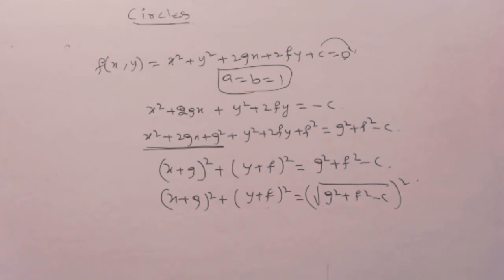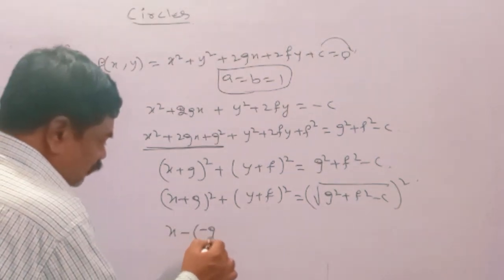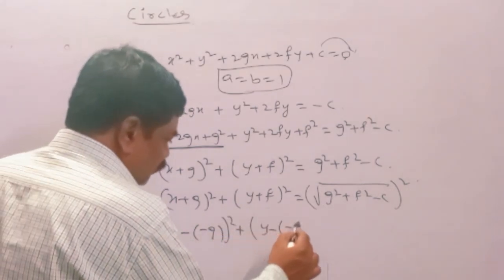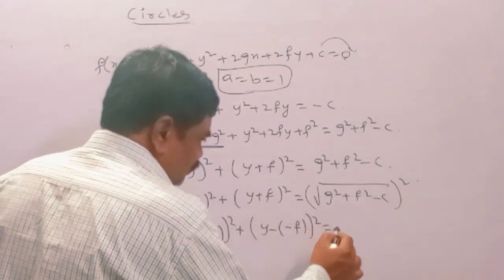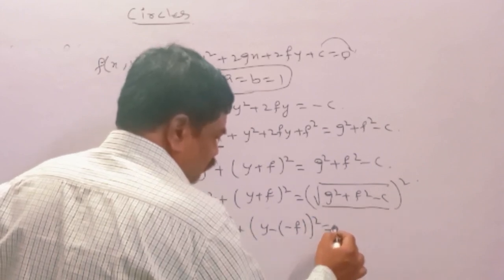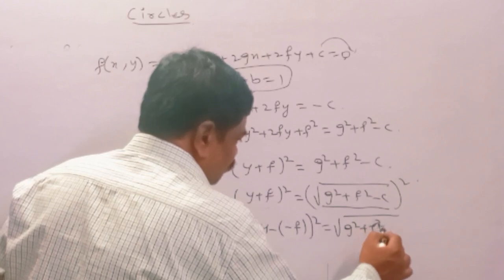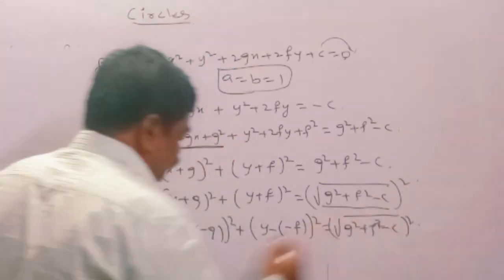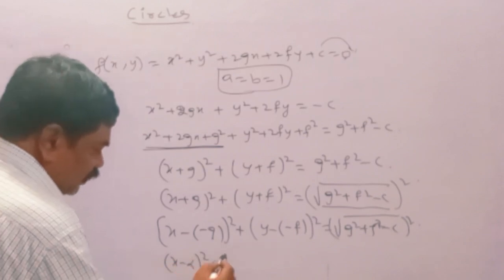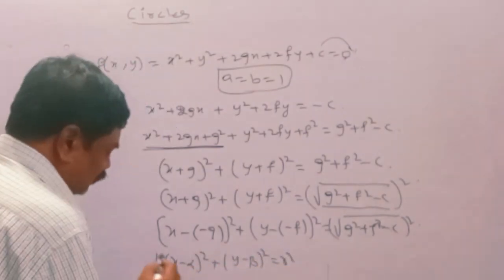Like this we can write it as x minus of minus g whole square plus y minus of minus f whole square is equal to r square. So this is root over g square plus f square minus c, whole square. Then this is in the form of x minus alpha whole square plus y minus beta whole square is equal to r square.